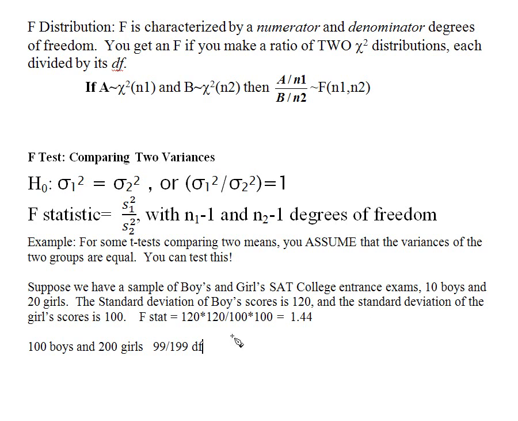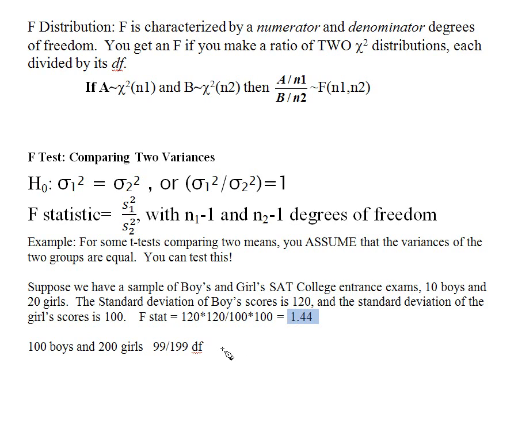What's going to change here is not the F statistic. Assuming that these larger samples gave us the same sample standard deviations, which may or may not happen. Let's assume that's true for the moment. We collect more data, we get the same kind of results. Standard deviation for boys is 120, the girls is 100. The F statistic will still be 1.44 in that case.